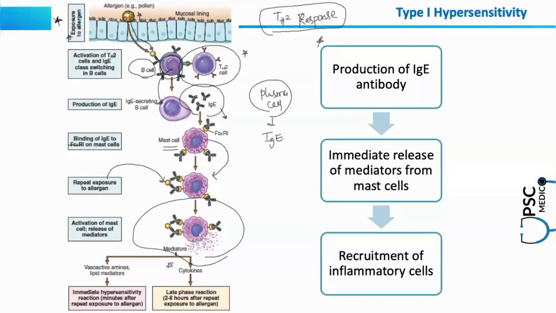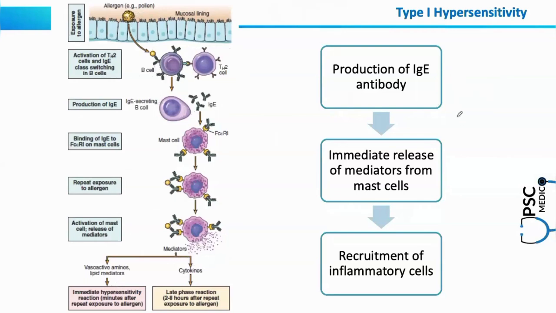These mediators are vasoactive amines, lipid mediators, cytokines and so on. They cause an immediate hypersensitivity response. What are the two important kinds of hypersensitivity response? The milder one is allergy, what we usually see in clinical practice, but anaphylaxis is a life-threatening one. So these are the two types of hypersensitivity reactions.